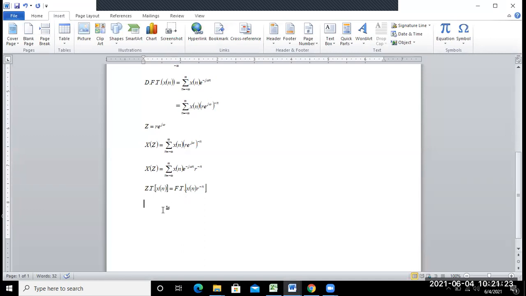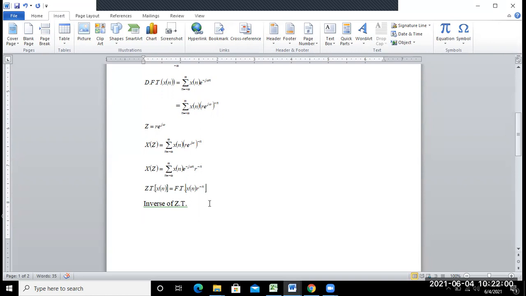So now the inverse of the Z transform, that is the Fourier transform of xn r to the power minus n, equal to X z. In place of z, what do we put? Just r e to the power j omega.